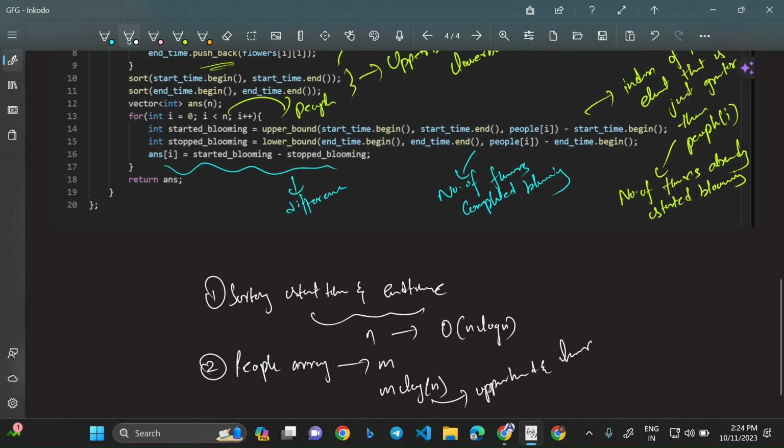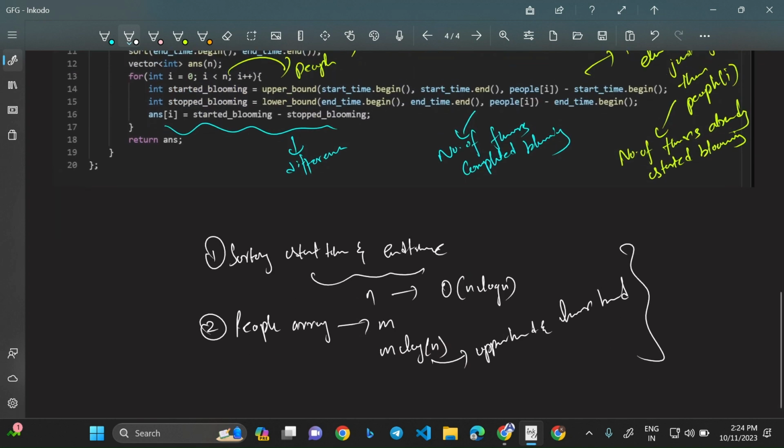So this completely takes O of (m plus n) log n. This is the time complexity, and space complexity is O of m, if I take the people array size as m. So this is the time and space complexity analysis.